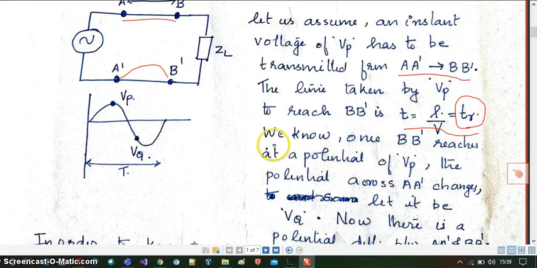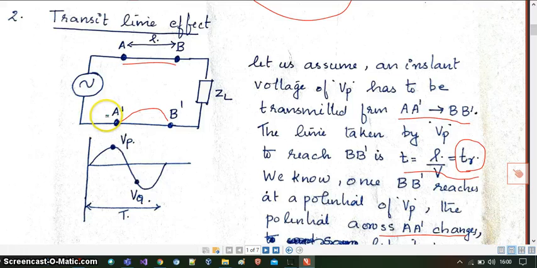Okay. Now we know once B dash reaches a potential of Vp, the potential across A dash changes, right? Now A dash is not at Vp potential. It has changed because now B dash is at Vp potential.